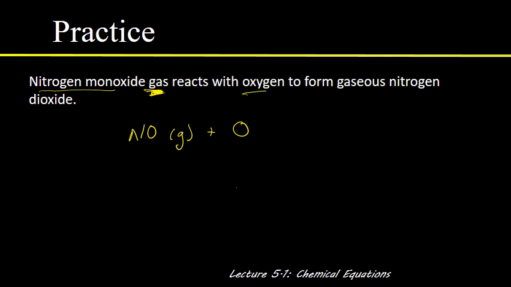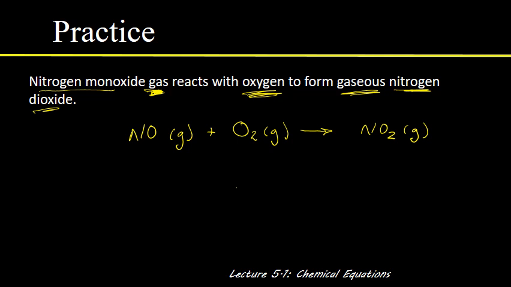Now oxygen, nothing else has been provided here because oxygen is an element, and so we should know that oxygen is both diatomic and in its standard state is a gas, and this forms nitrogen dioxide in the gas phase, right? And we'll use what we remembered about nomenclature. Nitrogen dioxide is NO2, and the problem tells us that it's a gas. All right. So we've got all of our species written correctly. We've got our reactants on the left, our product on the right. We've included states, and now we just need to balance it.